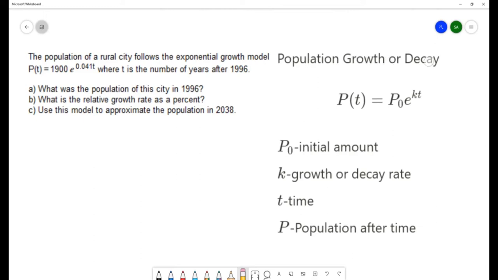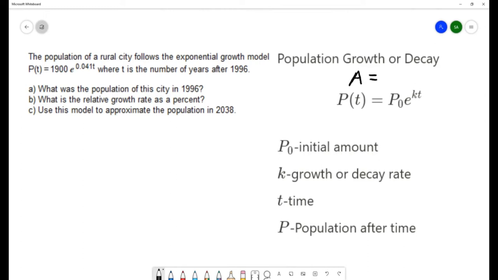So before we really dive into these parts, I wanted to show you the typical format for a population growth and decay model. It mentions up here that this model is an exponential growth model. The growth model is when the city is growing in population. Decay model is if it were decaying or getting smaller. So the typical growth model and decay model will follow this form: P of t equals P naught e to the kt. And this looks really similar to another formula that's been discussed recently, our continuous compound interest formula.